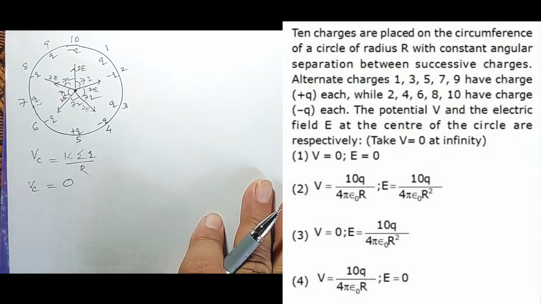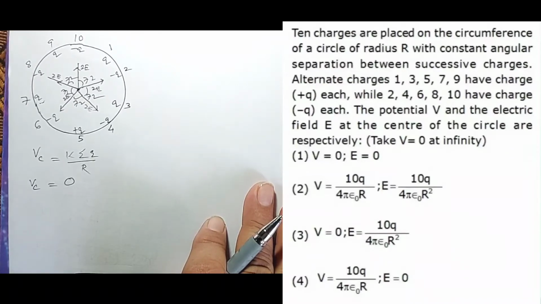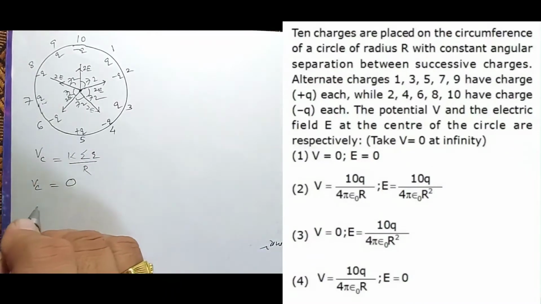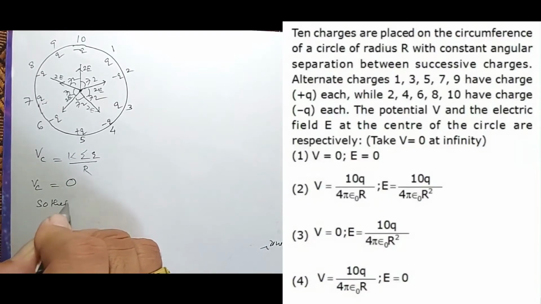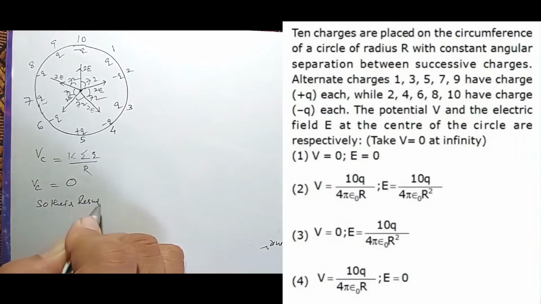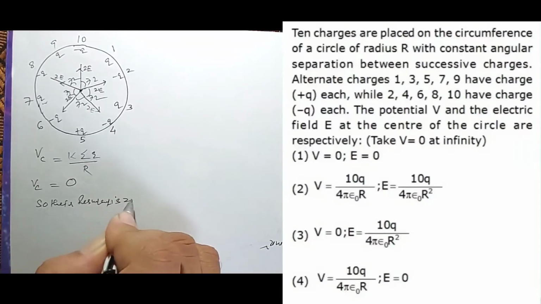Equal electric field vectors acting at equal angles, so according to the vector rule their resultant is 0.